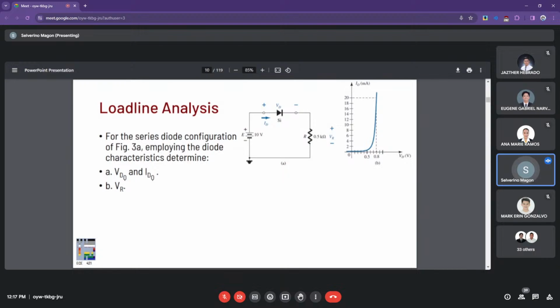Now, in the case of a diode off condition, if you have 0 amps current in your ID, then the voltage drop VD is at 10 volts. So that's in the case of zero current.